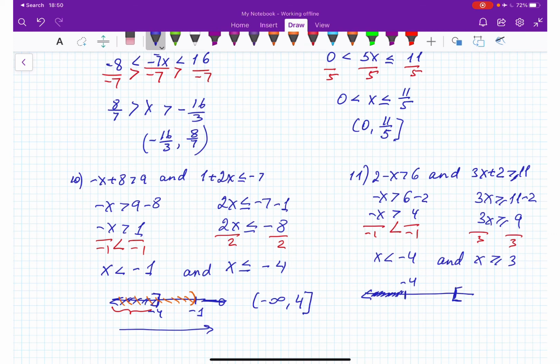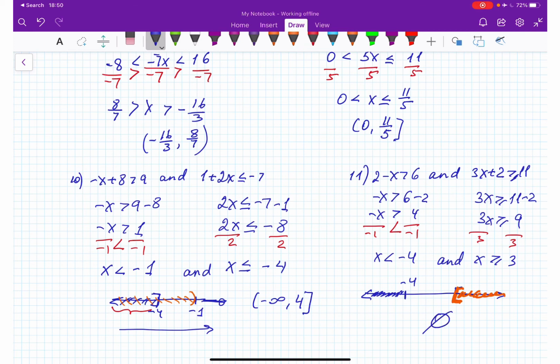And it's going to go greater equal, right? So greater equal positive 3. And they don't have any common area for both of them, which means we have no solution in this case.